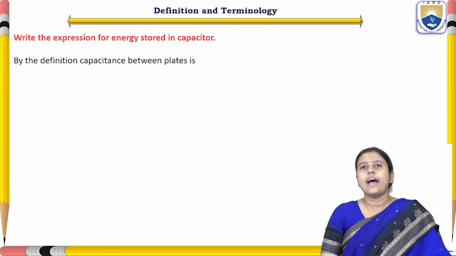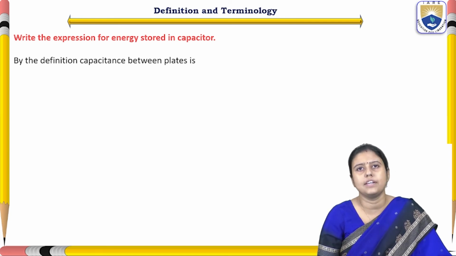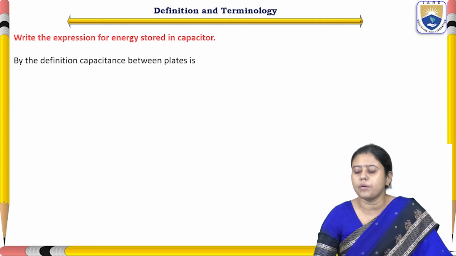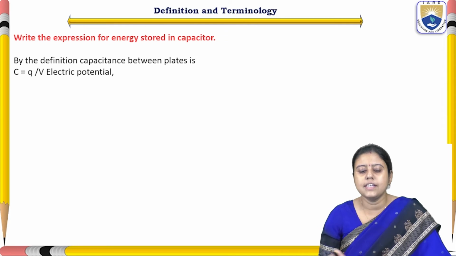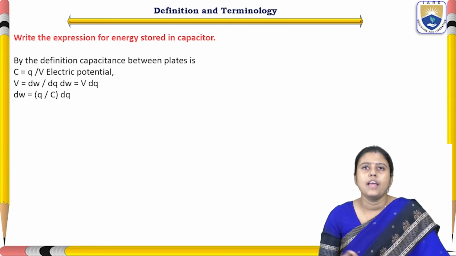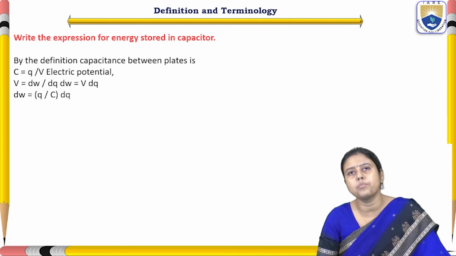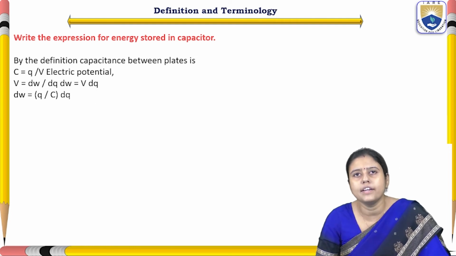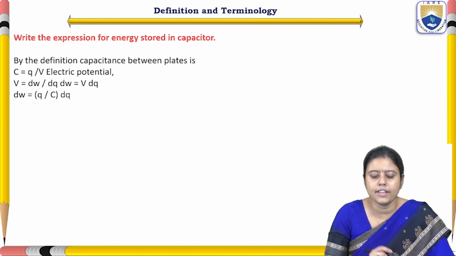Next, write the expression for the energy stored in the capacitor. By the definition of the capacitance of the parallel plate, C is equal to Q by V, where V is the electric potential. And we know V is equal to dW by dQ. What is potential? The work done to bring one charge from one point to another point.